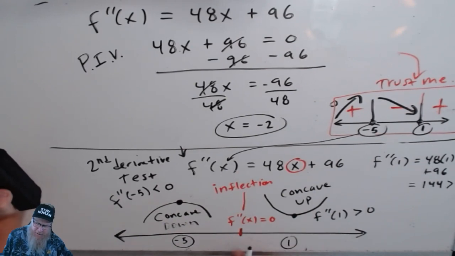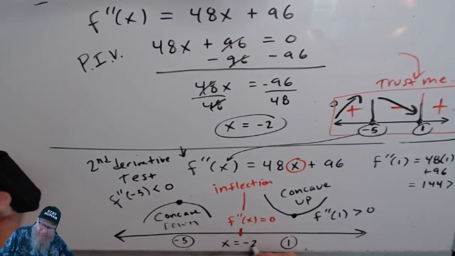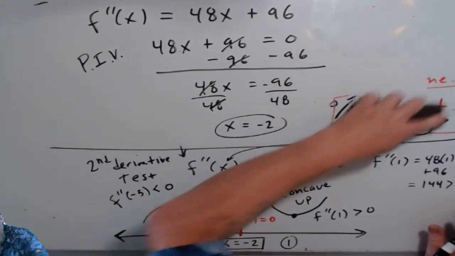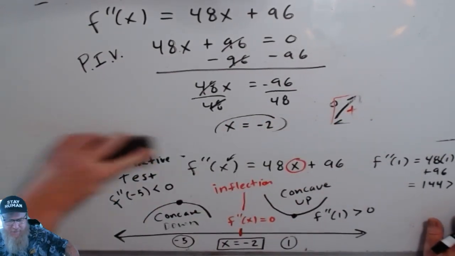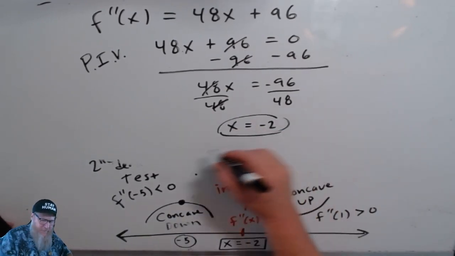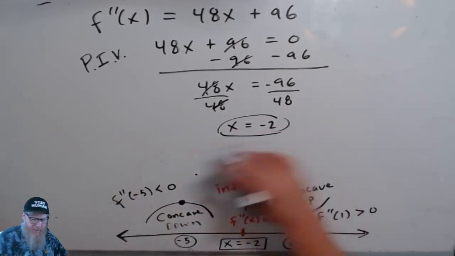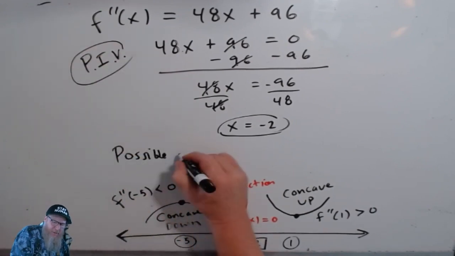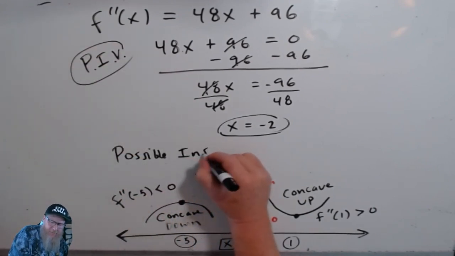So this point is x equals -2. So this is called a possible inflection value.